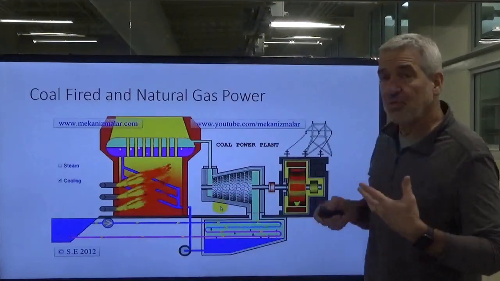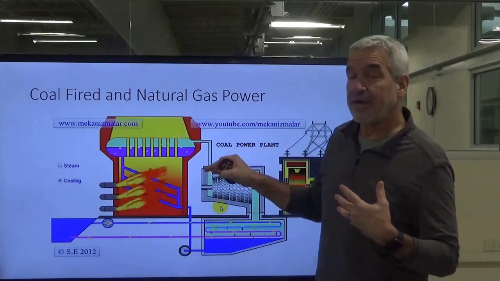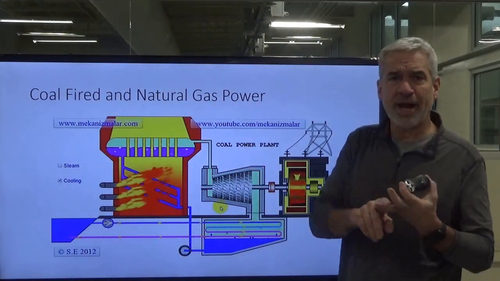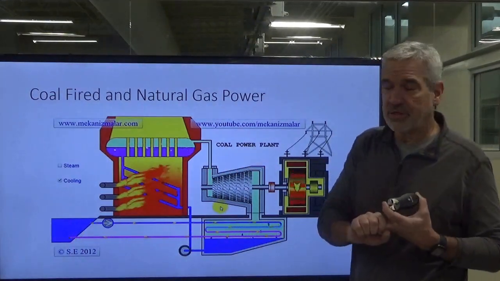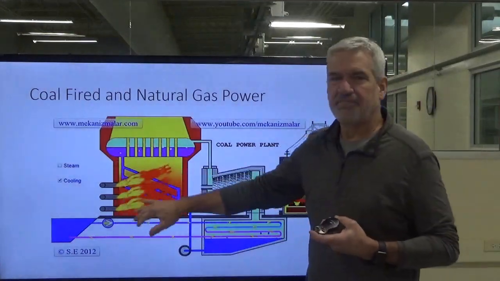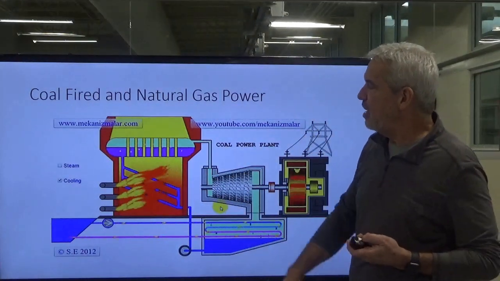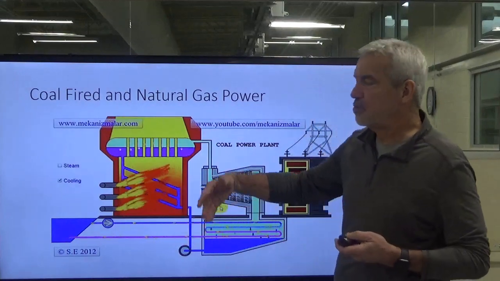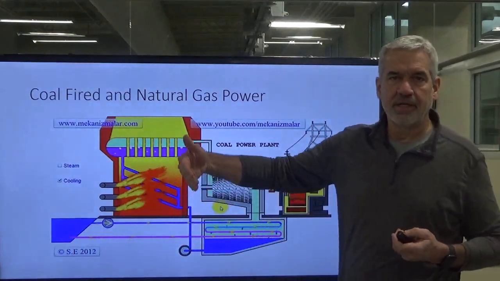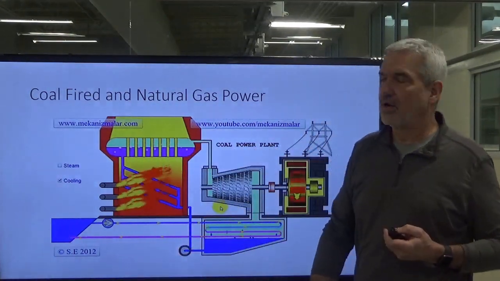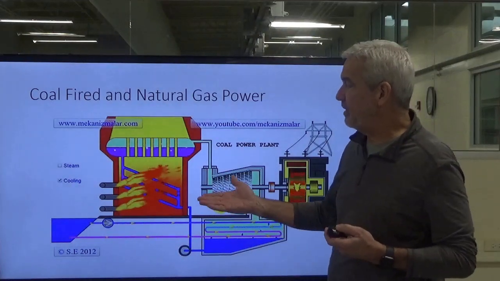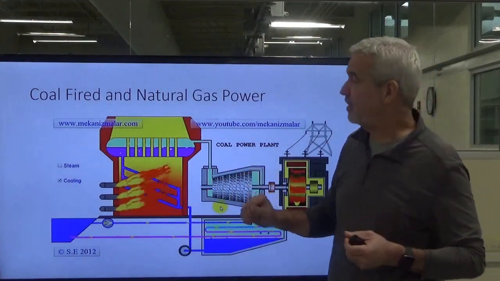With coal-fired power plants, or natural gas, or even nuclear, this is a mock setup. You have a fuel source, which is either nuclear, coal, or natural gas, depending on the price of the coal and natural gas.